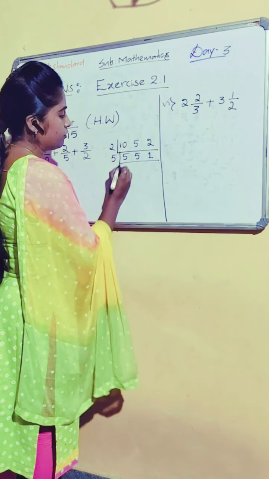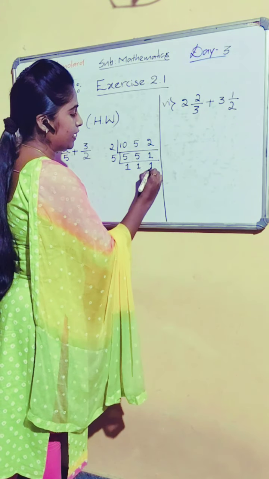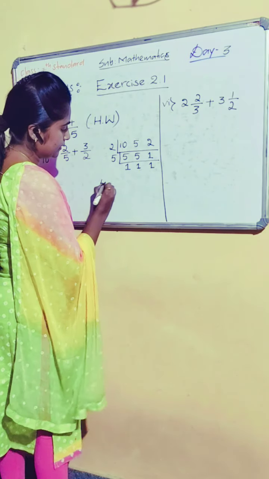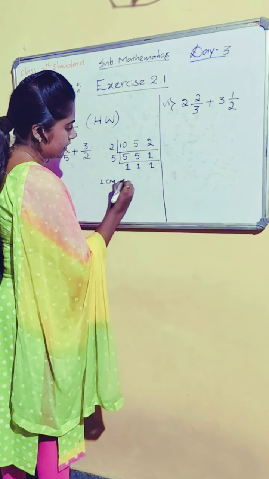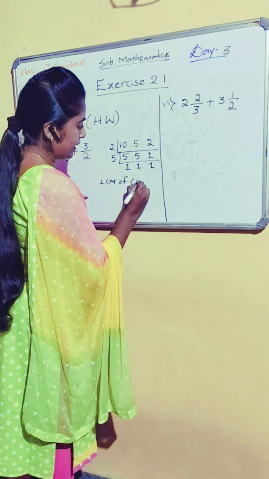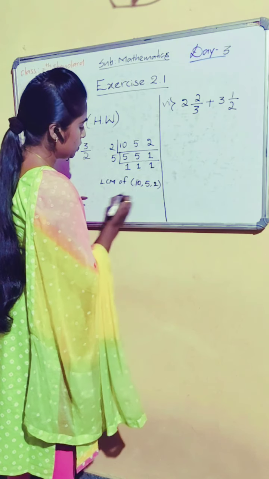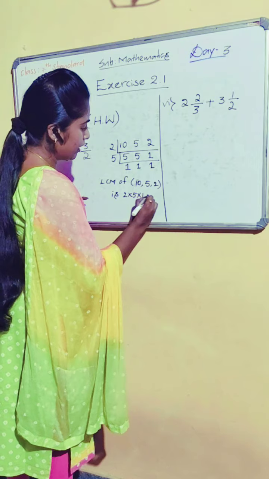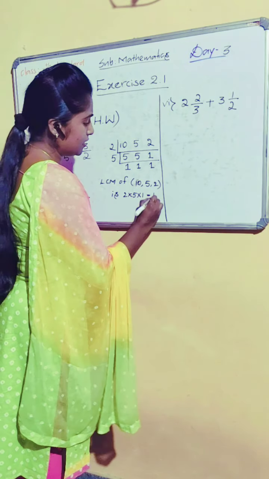Now 5 1s are 5, 1s are 1 as is. So the LCM of 10, 5, 2 is 2 into 5 into 1, which is 2 5s are 10, 10 1s are 10.